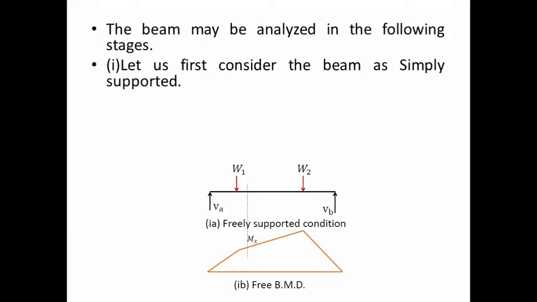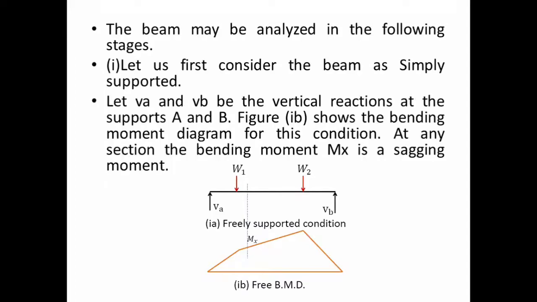Let us consider first the beam as simply supported. I have just explained that. Then let small va and small vb be the vertical reactions at supports A and B. Figure B shows the bending moment diagram for this condition, meaning the simply supported condition. So at any section, the bending moment Mx is a sagging moment. It means you will get positive bending moment.